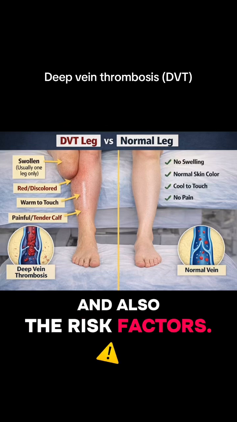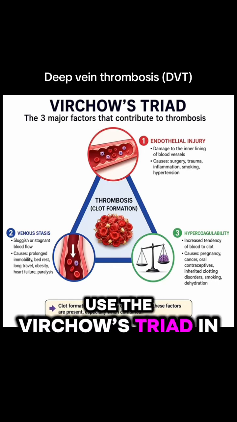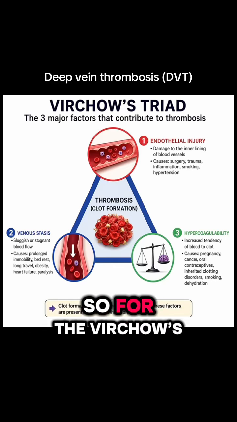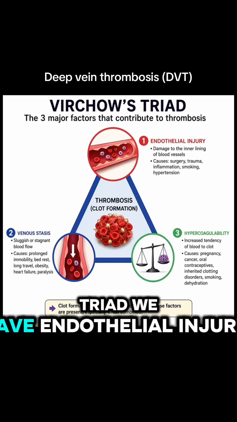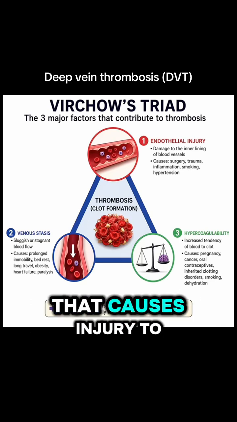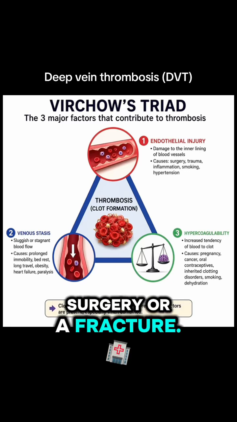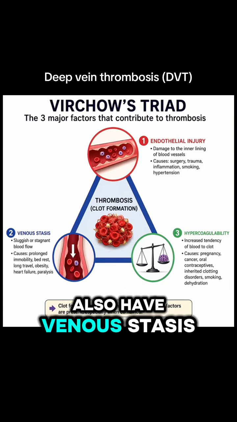And now to the risk factors. For our risk factors, we are going to use the Virchow's triad in describing it. For the triad, we have endothelial injury, which is anything that causes injury to the vein, which could be either surgery or a fracture. And then we can also have venous stasis.